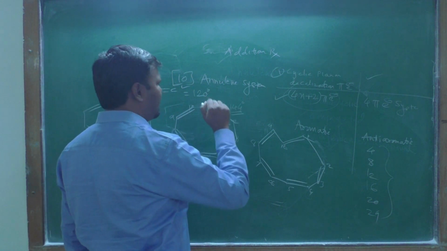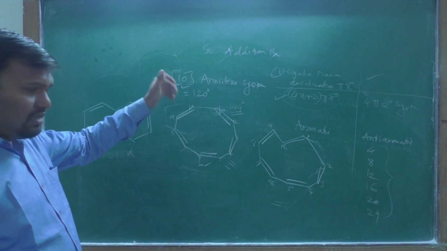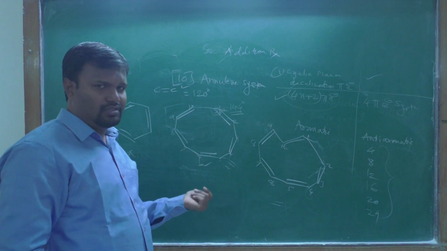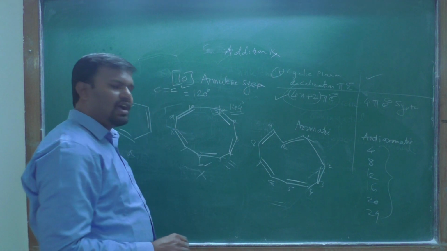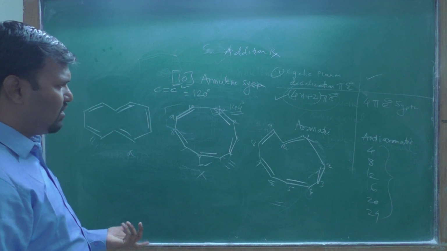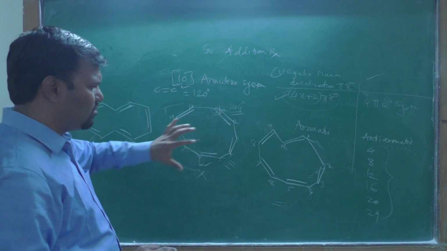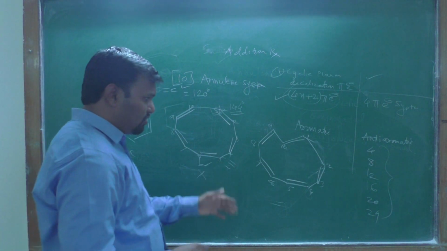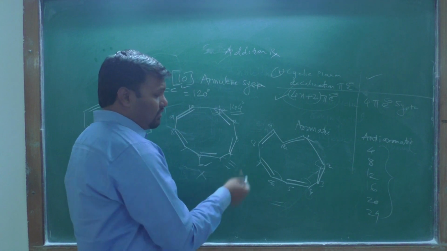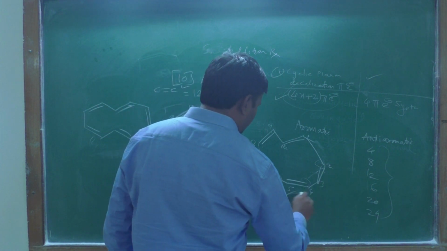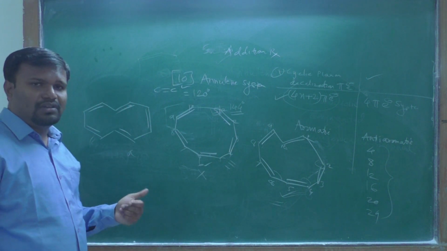Any deviation from 120 degrees for a C double bond C produces angle strain in the molecule. Therefore, this molecule has higher angle strain and is not present in such structures. In this case also there is strain, so this is also an unstable one. Both B and C are unstable compounds.